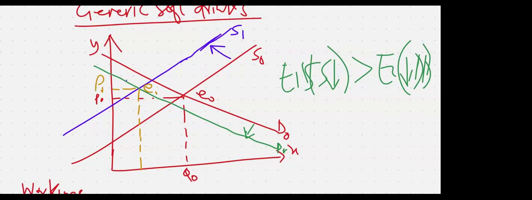Then on the bottom, it will become Q1. I'll show arrows that there is a decline from Q0 to Q1 because it's going backwards. And at the top, I'll also show an arrow that there is an increase in price.